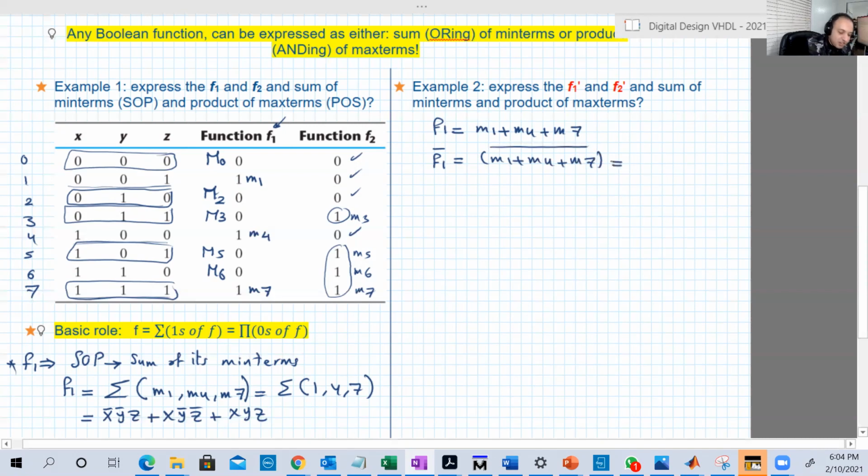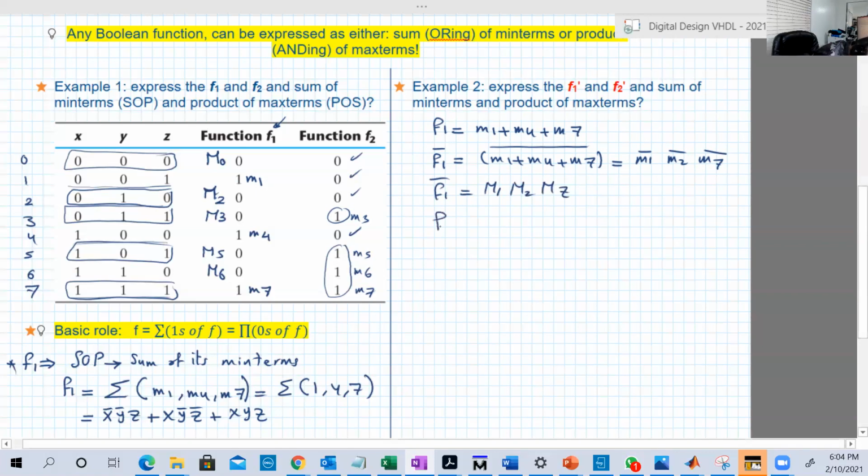And using De Morgan's theorem, this would be just flipping the or to be and. So this will give you m1 prime, m4 prime, m7 prime. And what's m1 prime, m4 prime, m7 prime? This is basically the max terms. So M1 capital, M4 capital, M7 capital.